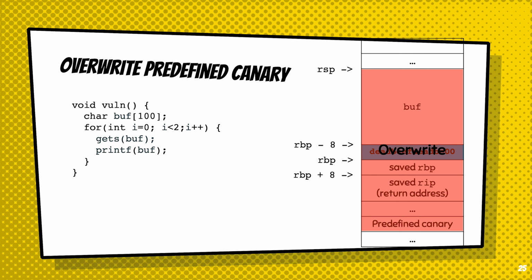So in this case, we overwrite the true value as well as the saved stack canary value. And when the stack canary check is invoked, it will consider the values as equal, and it will not call the stack check fail.